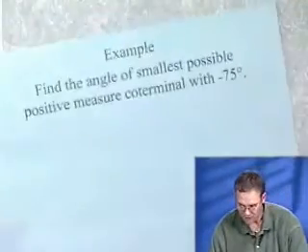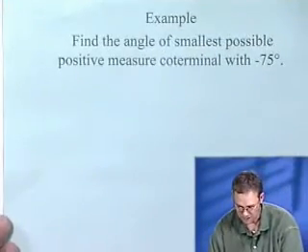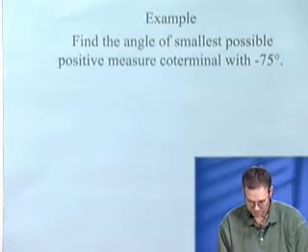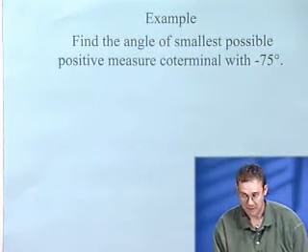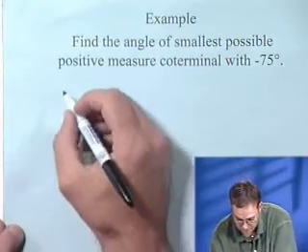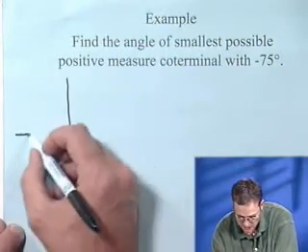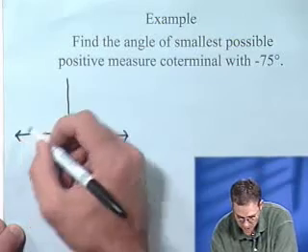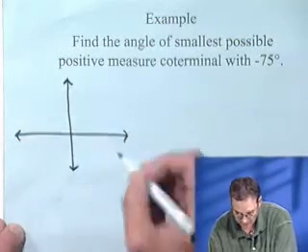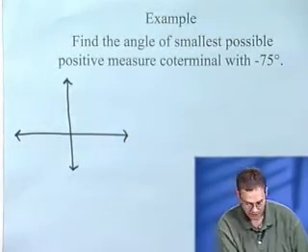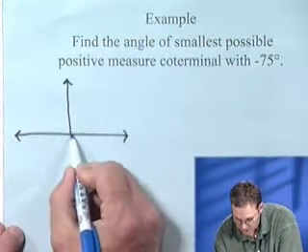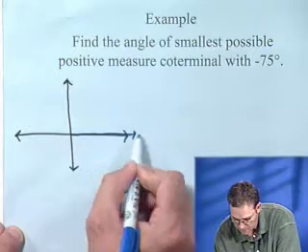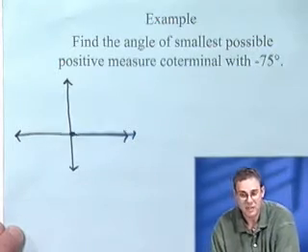Same type of problem. Find the angle of smallest possible positive measure that's coterminal with negative 75 degrees. The easiest thing to do is to sketch your angle, and then we'll figure out what the coterminal angle is going to be. Negative 75 degrees. There's going to be my initial side.